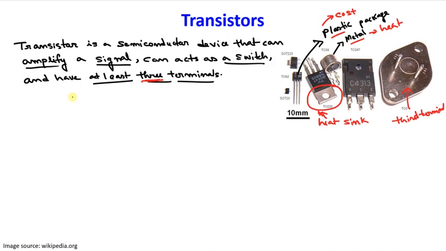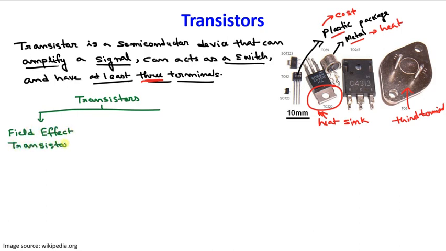Transistors can be broadly classified into 2 types. The first one is the field effect transistor, or in short FET. The second type is the bipolar junction transistor, or in short BJT.